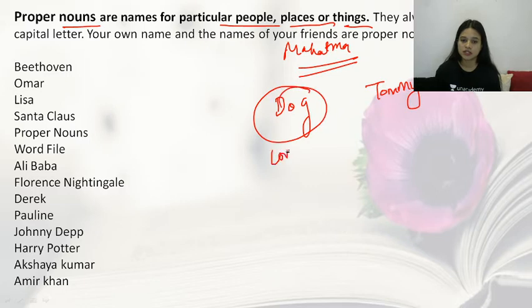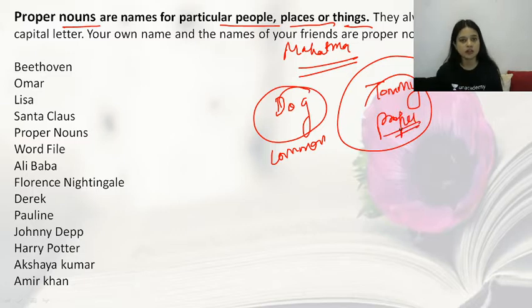So dog is a common noun, any random dog. Tommy is a proper noun because this is a particular dog. The name of my dog is Shadow. So what is this? Shadow is a proper noun because now I'm referring to one particular dog from a particular species who lives at a particular place and is a pet to a particular family, right?